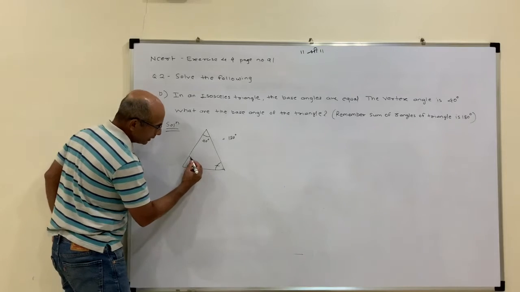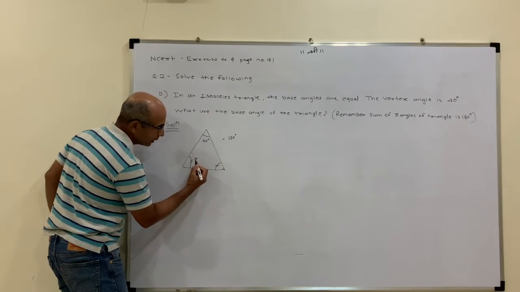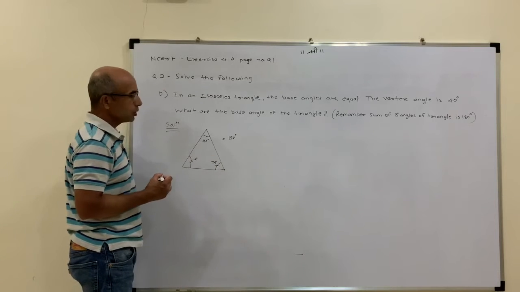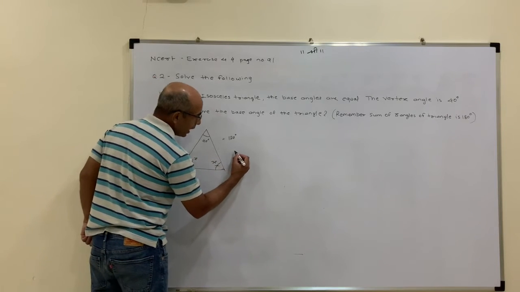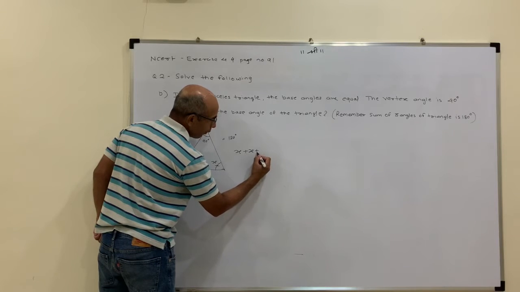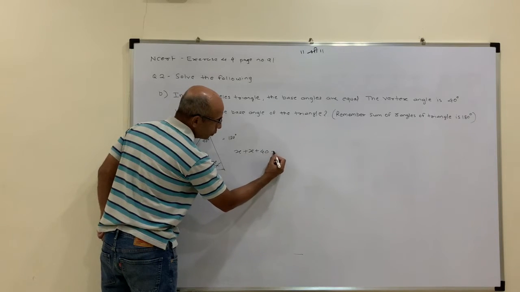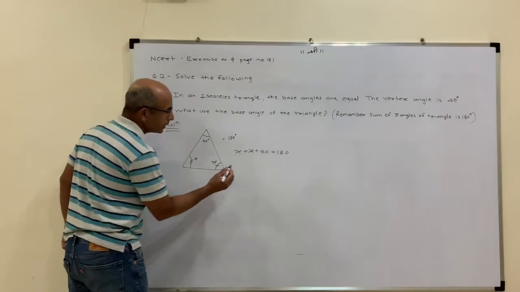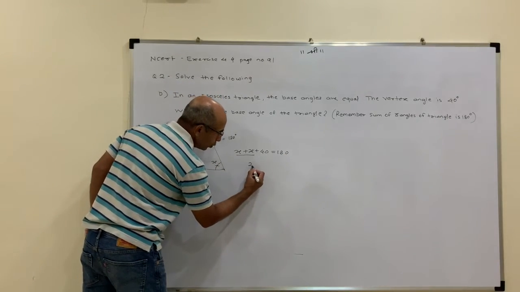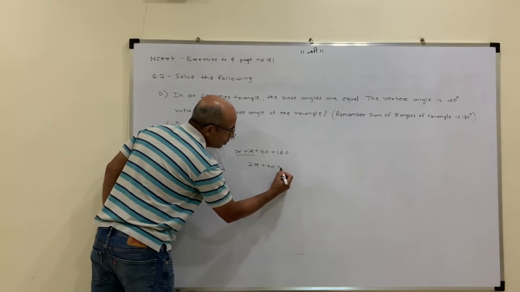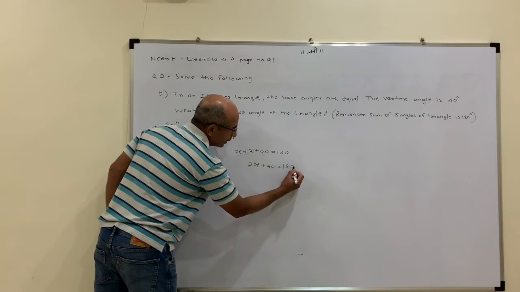Now if I consider this angle x, then this angle is going to be x only. So my equation will be x plus x, 2x plus 40 equals 180.